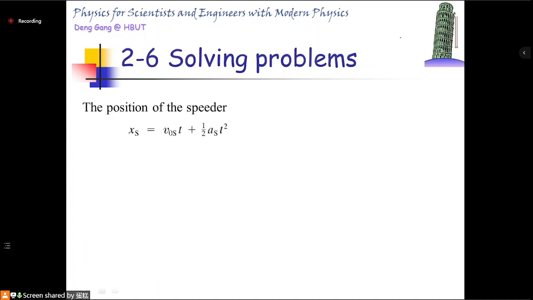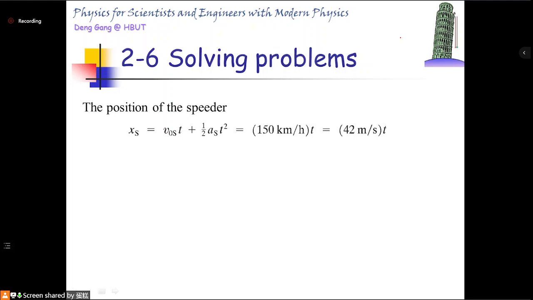And the position of the speeder. It is constant motion, constant velocity, so the acceleration is 0, that's why a_S is equal to 0, and x_S is equal to v0 t. t is the time when we catch that speeder, so t is unknown.